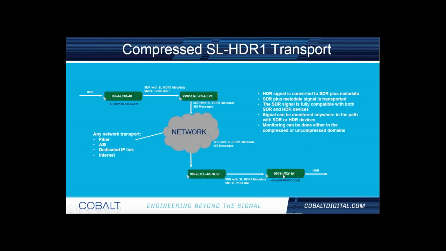And then if you want to convert back to your original HDR signal, you can use the 9904 with the decoder option. So this is an end-to-end compressed transport, and this network can be internet, ASI, fiber, whatever it is. You can transport that end-to-end through some long-distance network, preserving the HDR content.